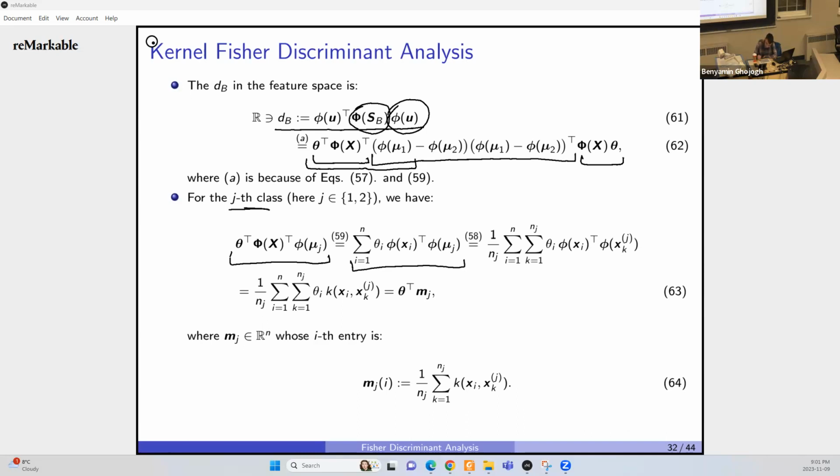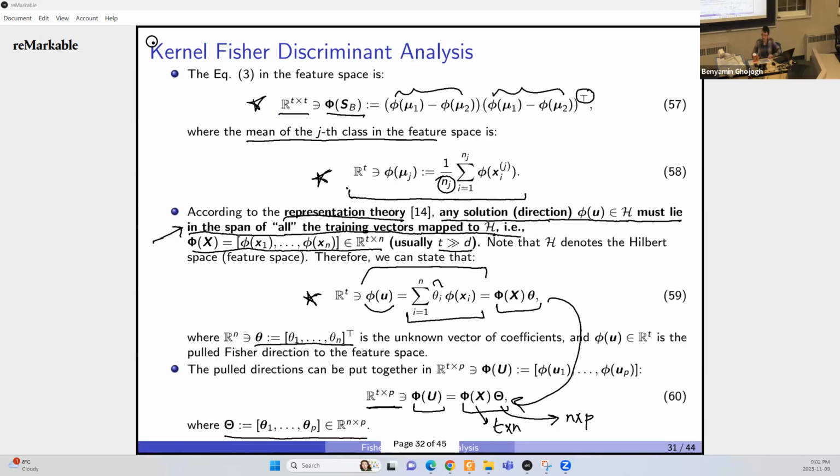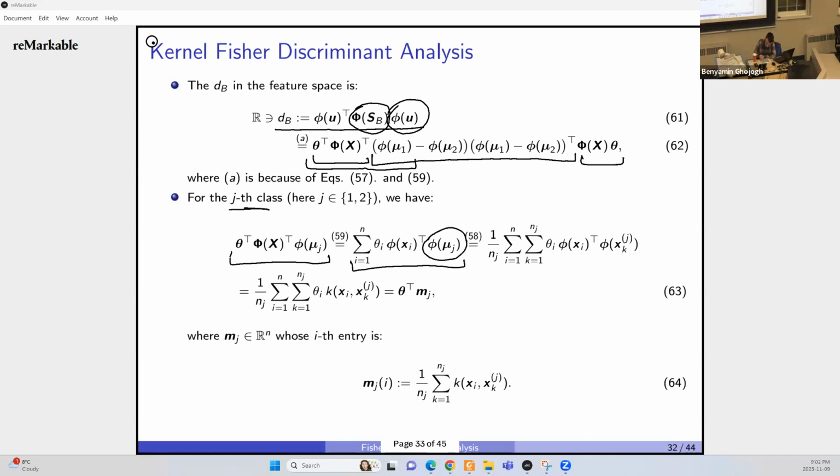Now, what is it? Give me a second to think. Okay. What was phi mu j? Previous slide. Equation 58. So I replace phi mu j with equation 58. I will have this. One of these summations is because of the summation inside phi mu j.